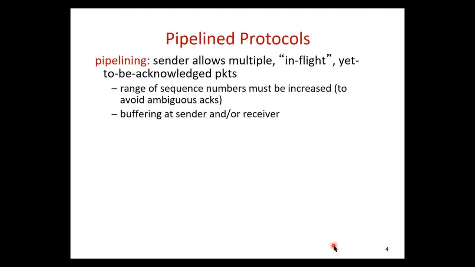In order to improve the channel utilization, we are going to use what are called pipeline protocols. The idea of pipelining is that instead of sending only one packet and then waiting for the ACK before sending the next packet, the sender is going to send multiple packets, and then it waits for the ACK.